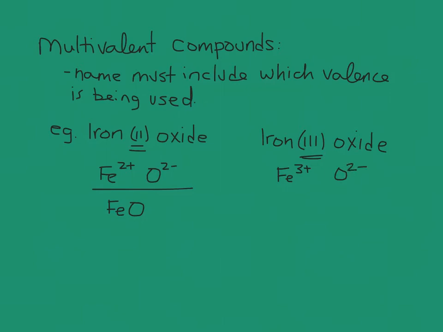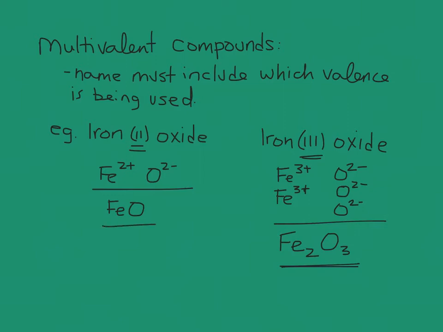They don't equal, so you need at least another oxide, but the oxide can only do it in 2s. So now you've got 4-. Well, now Fe has to have another one, so we can only do it in 3s, so that's now 6. And then we go to 6-. So now we're left with Fe, there's 2 of those, and 3 oxides. So iron(III) oxide is Fe2O3, whereas iron(II) oxide is FeO.